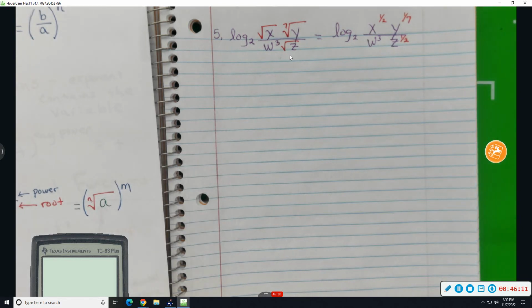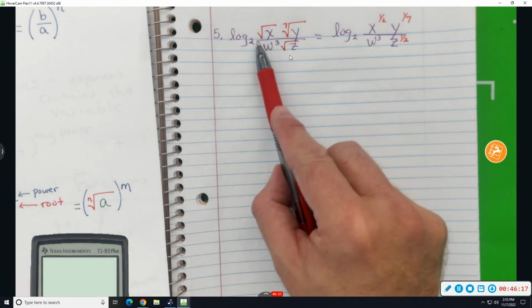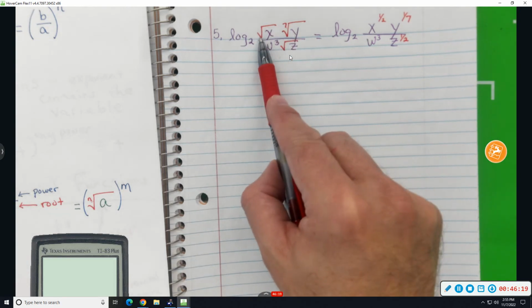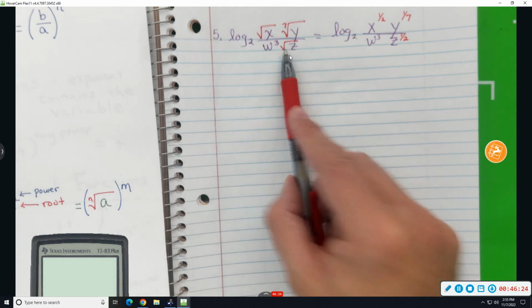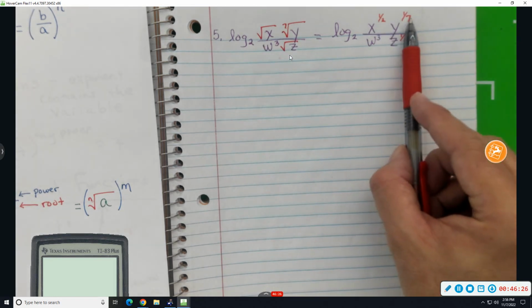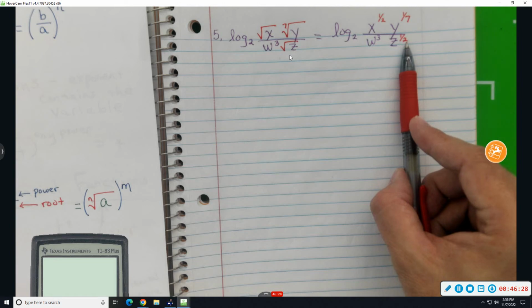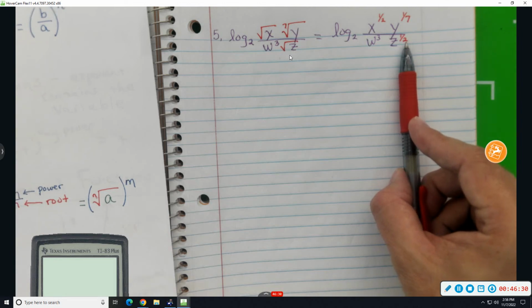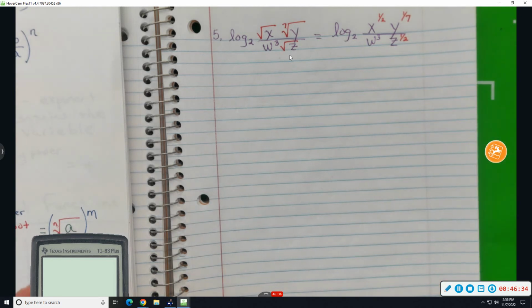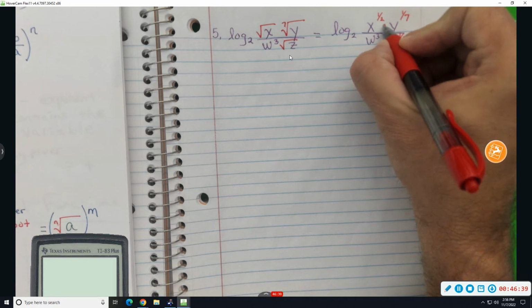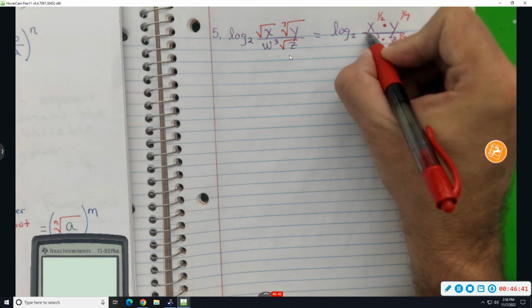So there is an additional step on this one. When working with logarithms, if you see radical symbols, that's what these little red strange looking symbols are called, you've got to first write them as fractional exponents. Then it falls out just like the ones we had been doing. You separate at multiplication and division.